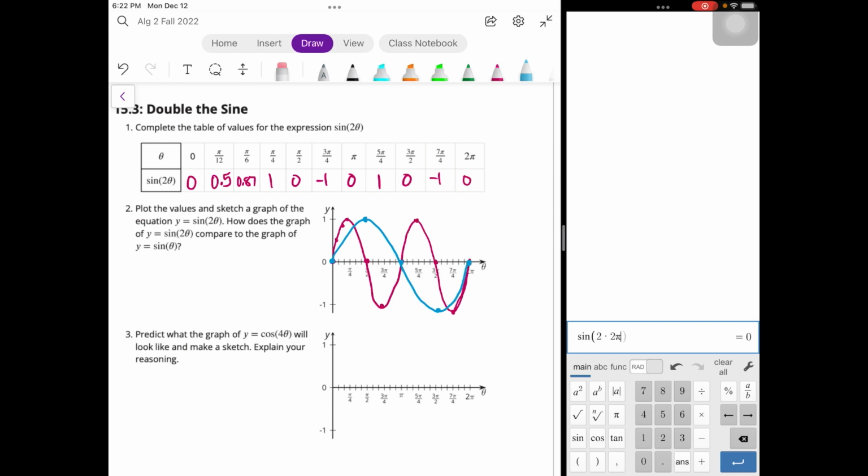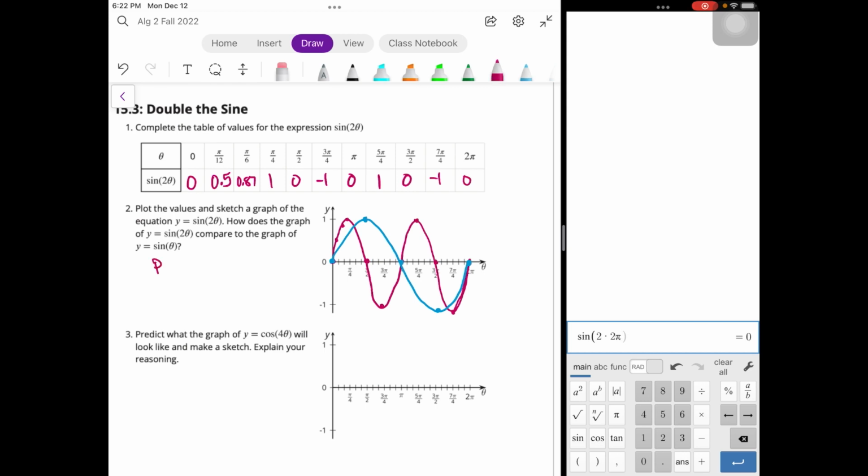So how do they compare? This graph is kind of skinnier. It has more periods within that same time. It goes through 2 full cycles, where the normal sine curve would only go through 1.